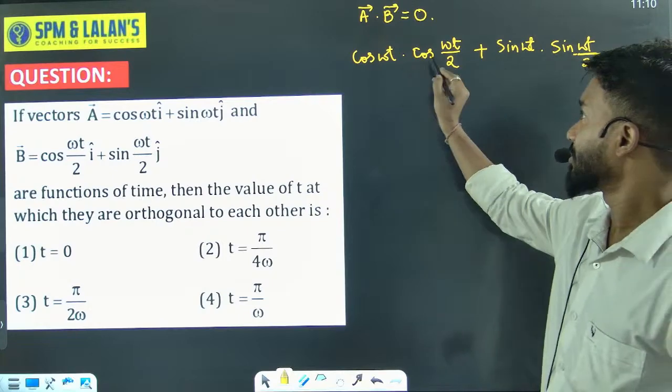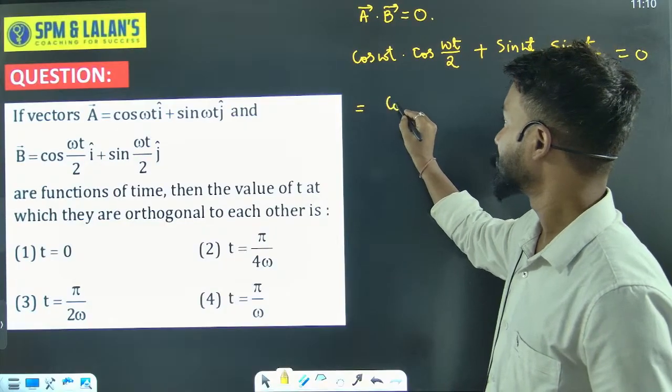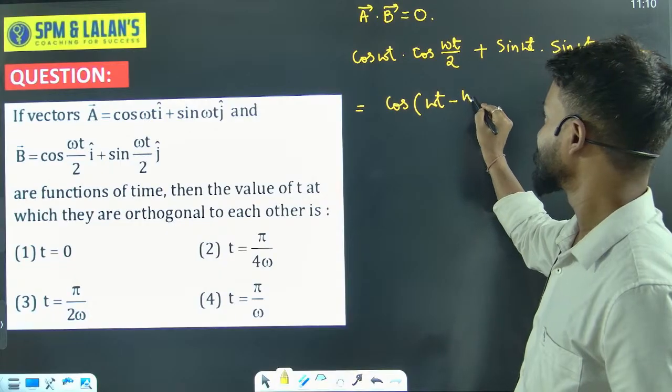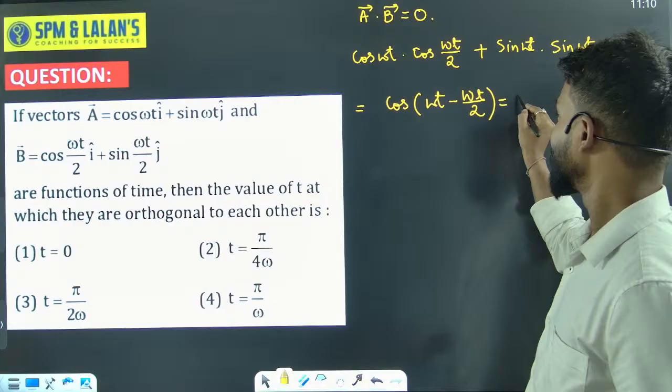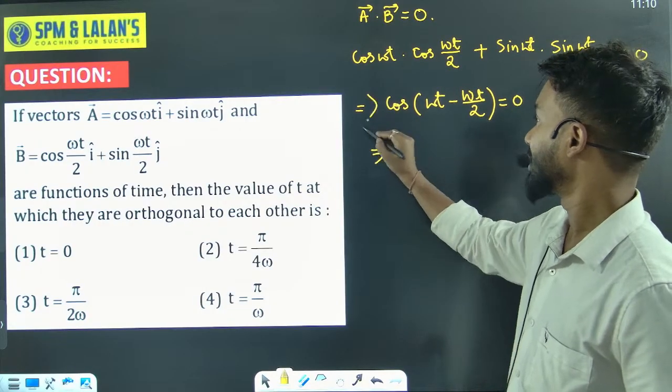This is cos A cos B plus sin A sin B, and that we can write as cos of A minus B, that is omega t minus omega t by 2. That has to be equal to 0.